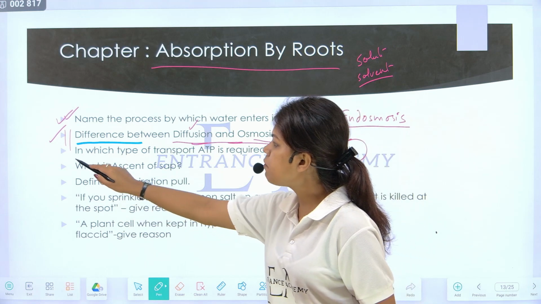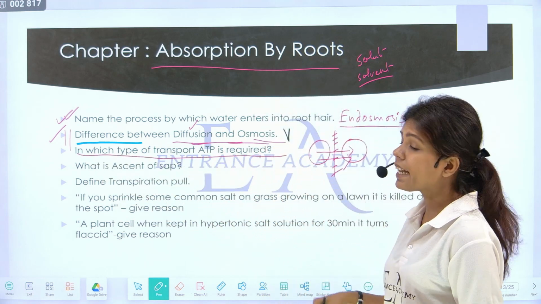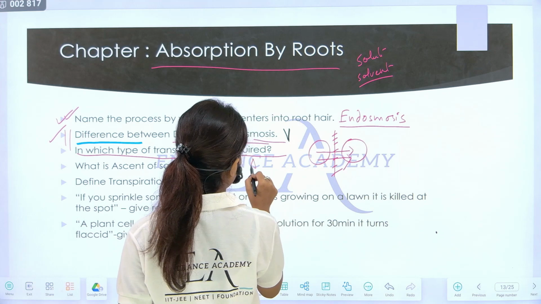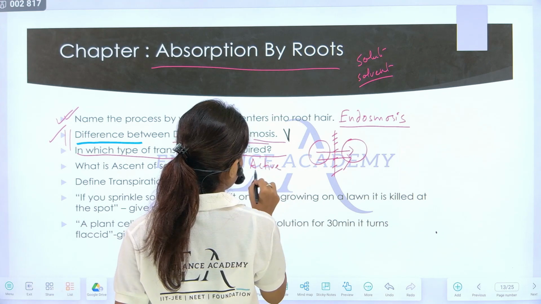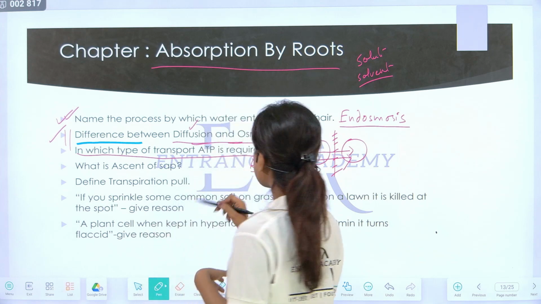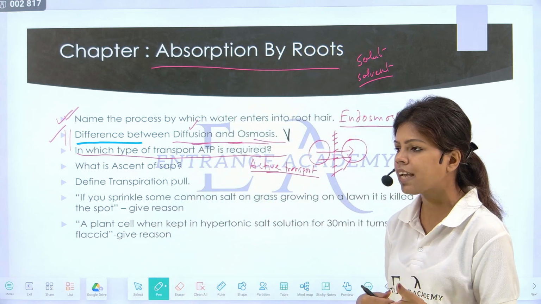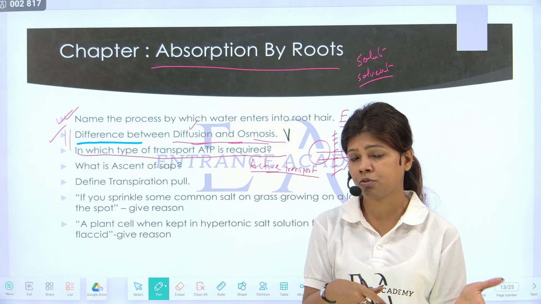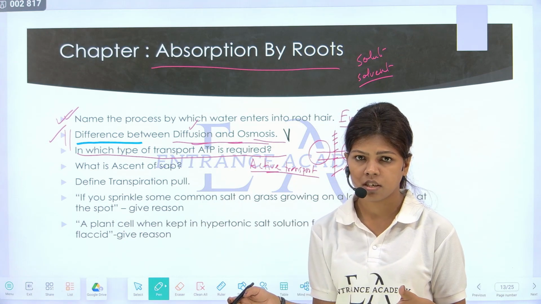Next, in which type of transport is ATP required? Answer is active transport. So, why is ATP required here? During diffusion and osmosis, in both cases, the molecules are passing from the region of their higher concentration to the region of their lower concentration.